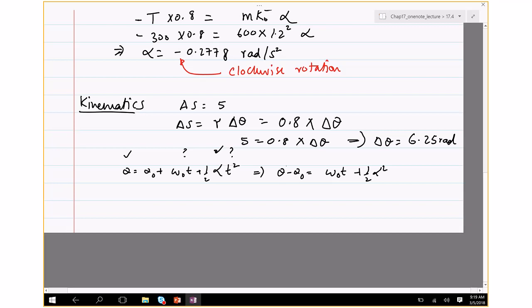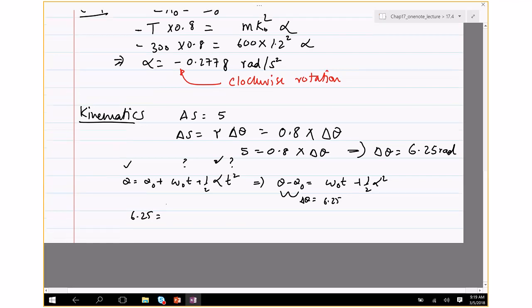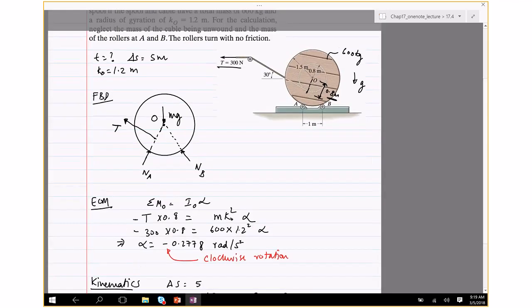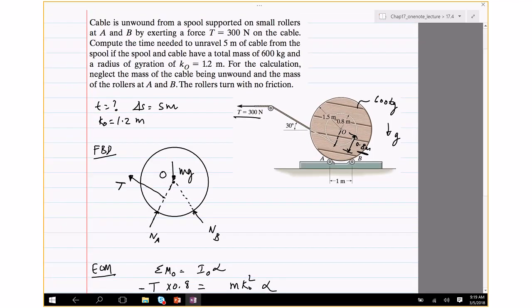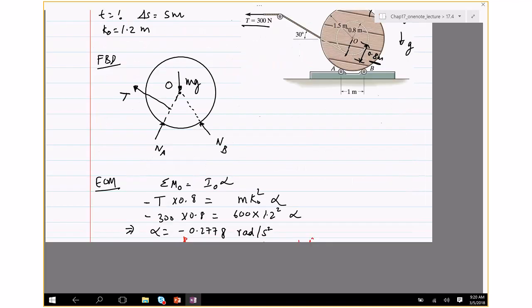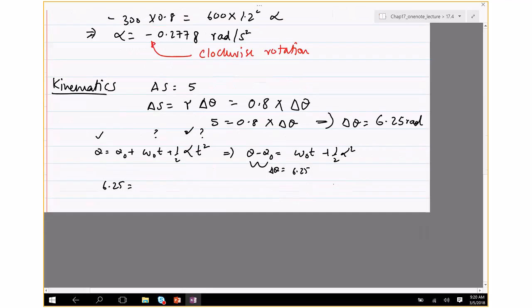Okay, this thing is delta theta, which is 6.25. So 6.25 equals, what's the initial speed? Is it 0? Does it say anything it's 0? No, it doesn't say anything, but I'm going to assume that the initial speed is 0.